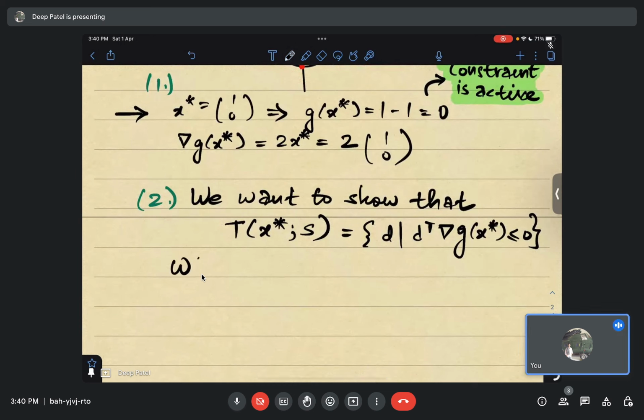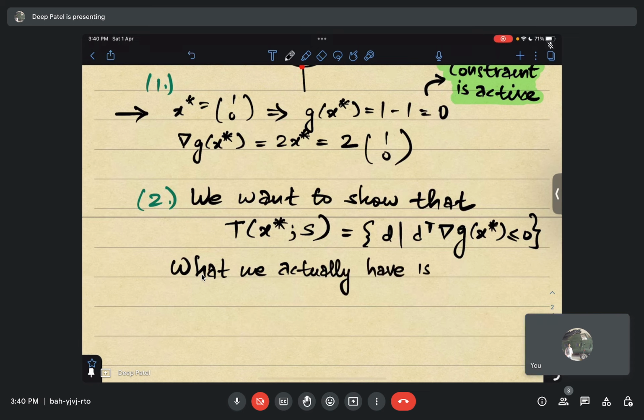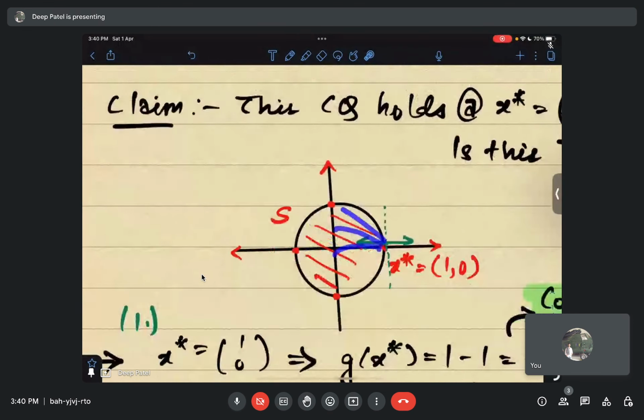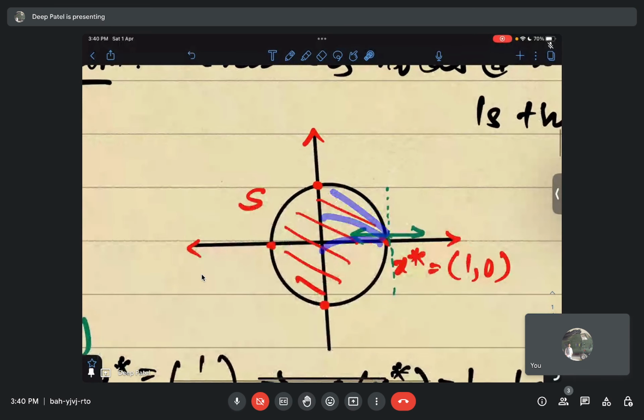So what we actually want to look at is the tangent cone at this point. Maybe if we zoom in a bit more.